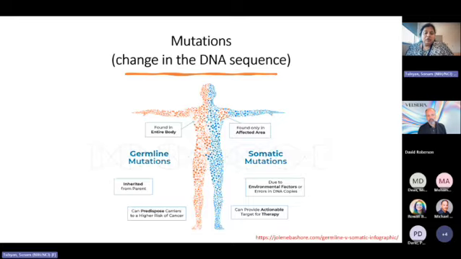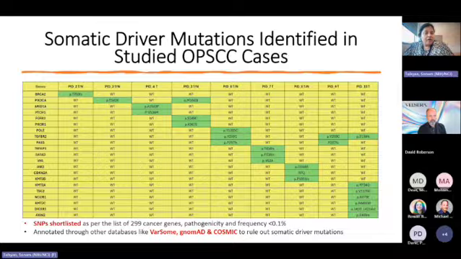Whereas somatic mutations are only found in the affected area, and they arise due to environmental changes or errors in DNA copies. They can provide actionable targets for therapy. In our study, we ruled out the somatic driver mutations. We filtered out the germline mutations, and we found these 21 genes to have somatic driver mutations.